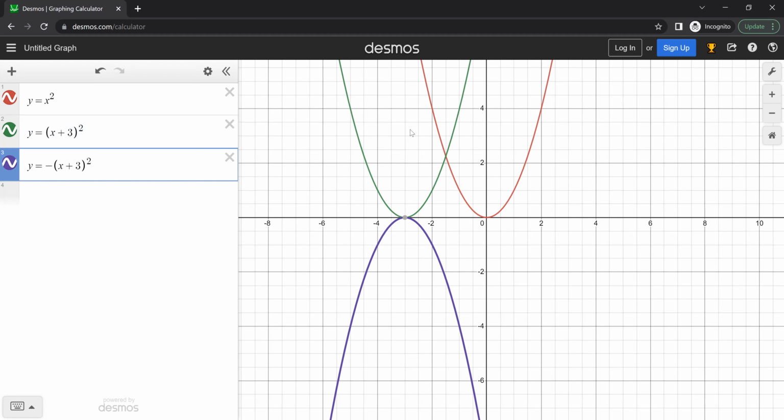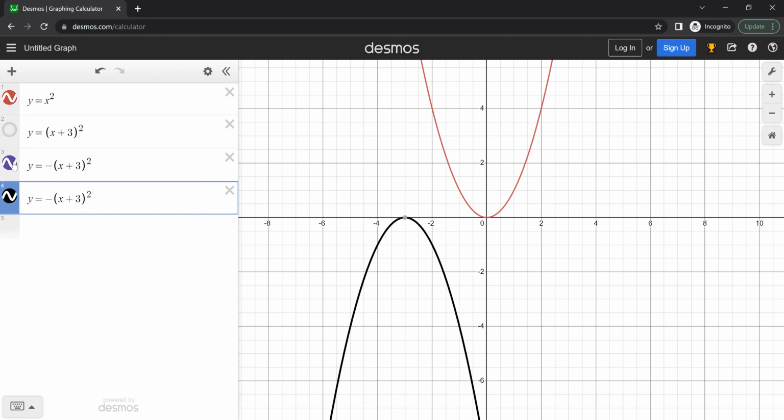Do you see how the green went to the purple? Yeah. Now we're going to subtract 5, so it's going to go down 5. Do you see how the graph moved down 5? Yeah, I do. So that's how you piece those transformations together. The order does matter here.